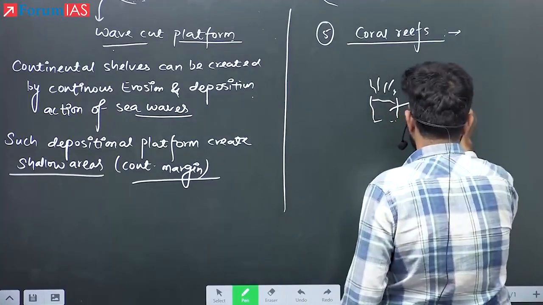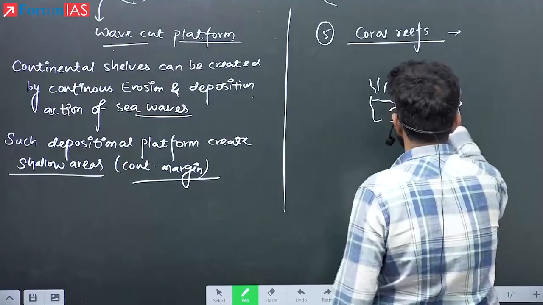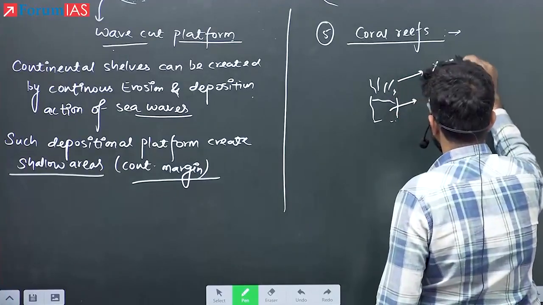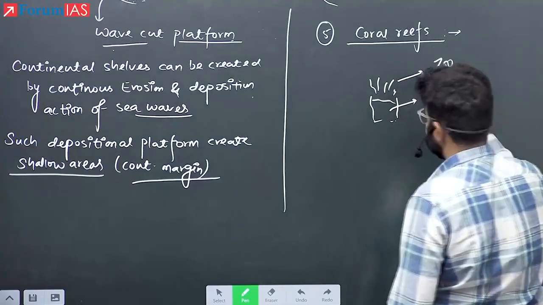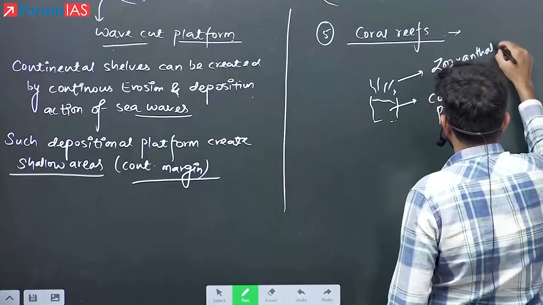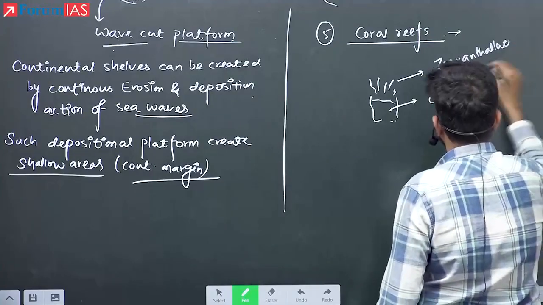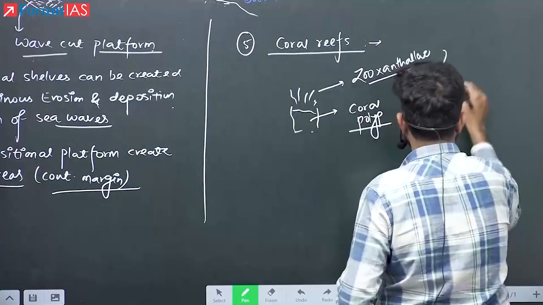This is coral polyp, and here it is zooxanthellae. That can be written in two ways: this can be written as ZOO and XAN also. This is nothing but the symbiotic relation.